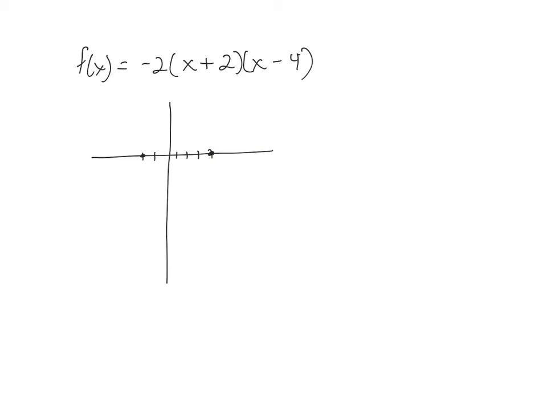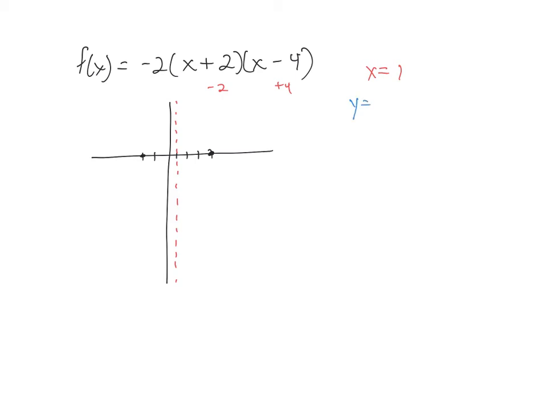So -2 for that one, +4 for that one. And then our axis of symmetry is in the middle of those two. So it's 3 to the right and 3 to the left. So our axis of symmetry is x equals 1, which means I need to plug that in.